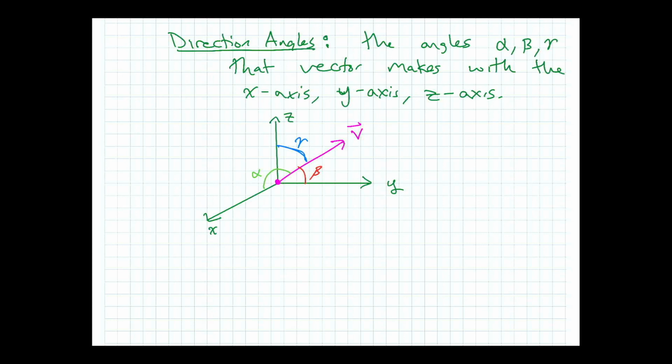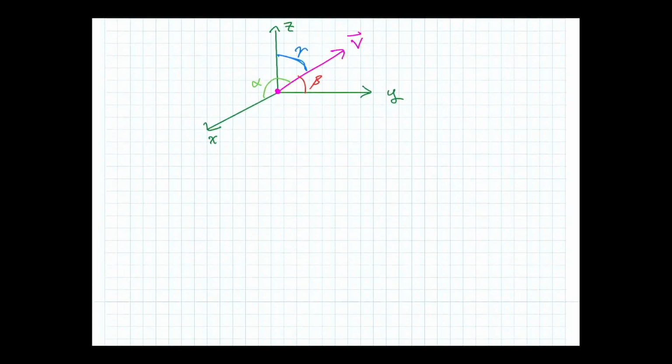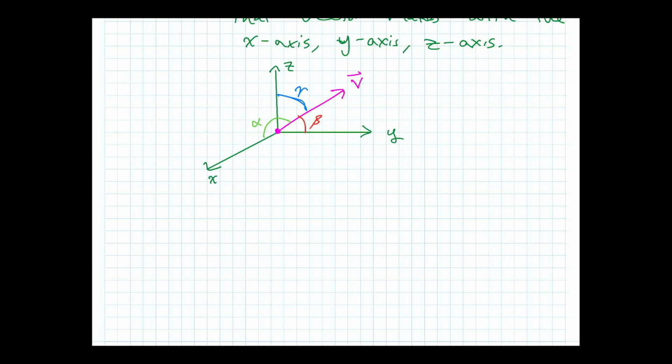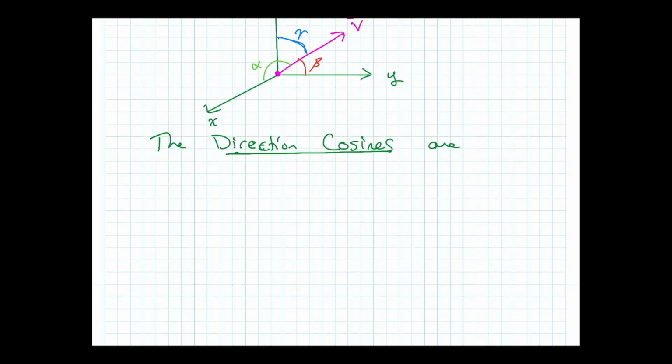Now you can also do the direction cosines, which are the cosines of those angles. So the direction cosines are simply going to be cosine alpha, cosine beta, cosine gamma, right?